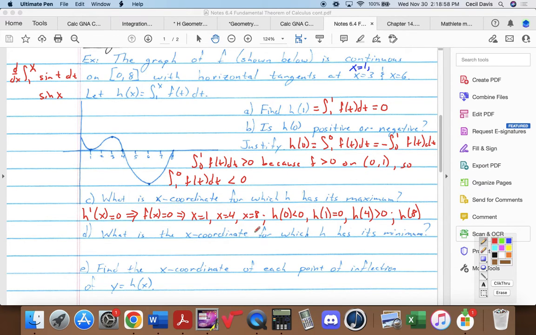That's going to be less than 0. Why? The area under the x-axis is greater than the area above the x-axis. Exactly. There's more area below the x-axis than there is area above the x-axis. So that's negative also. So my answer is that x equals 4.